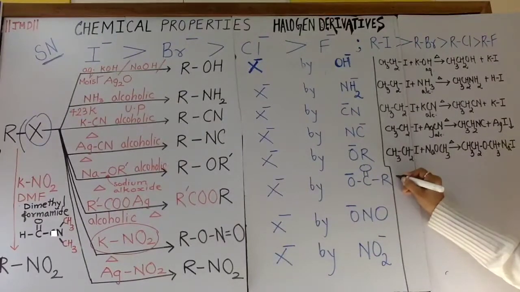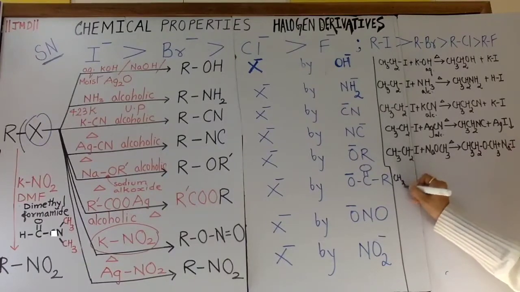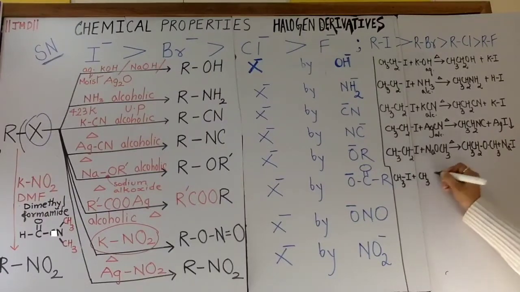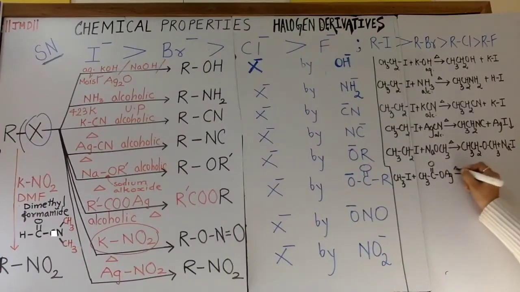This one. Suppose I take methyl iodide and I treat it with silver acetate, heat, alcoholic, then I get methyl acetate and AgI, heavy metal settles.